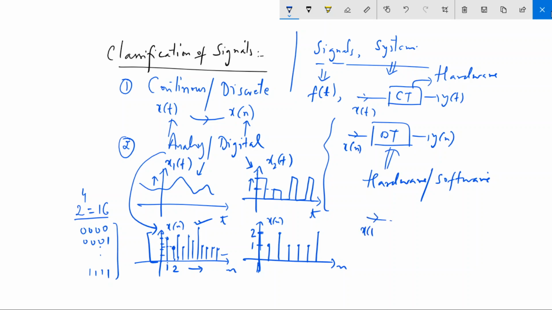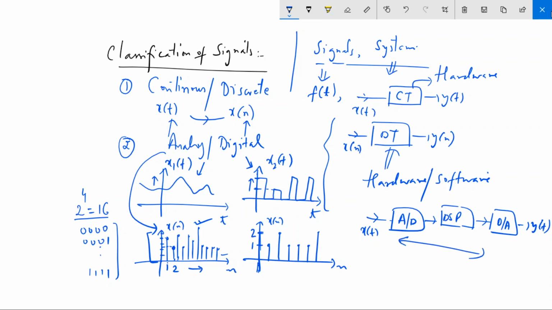So you have x(t), which is analog. You have an interfacing device, which is an A to D converter, and then you have a DSP system. And output of the DSP is a digital signal. If you want to convert back into the analog, you can use a digital to analog converter. You will get an output in the analog form. Okay, so this is a block diagram of how you can process analog signal using a digital system.